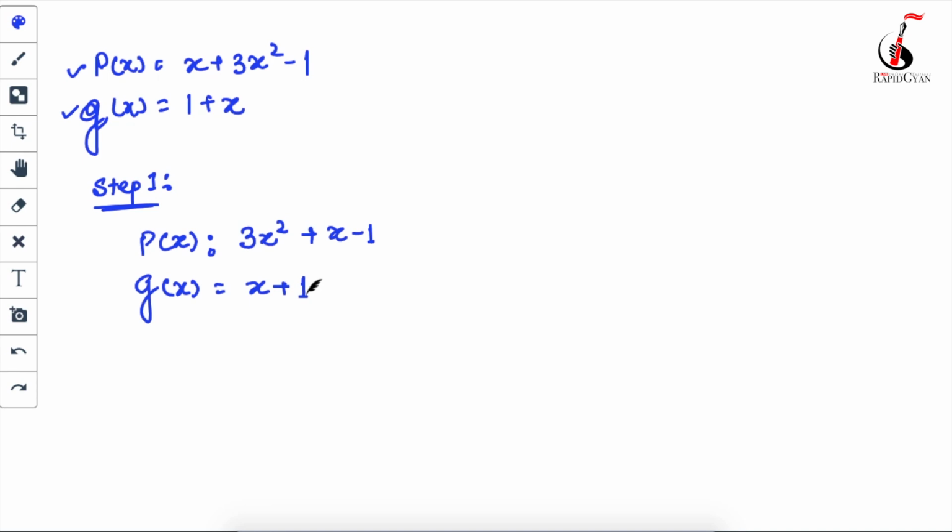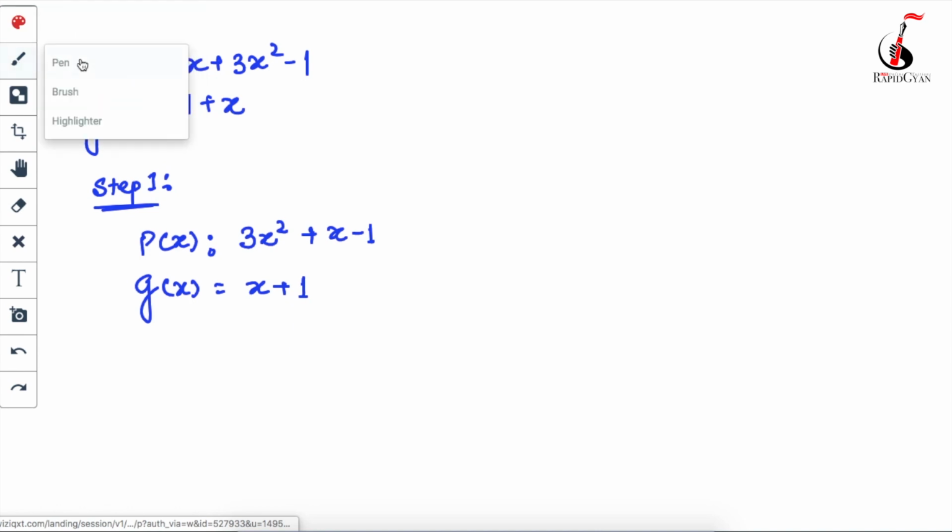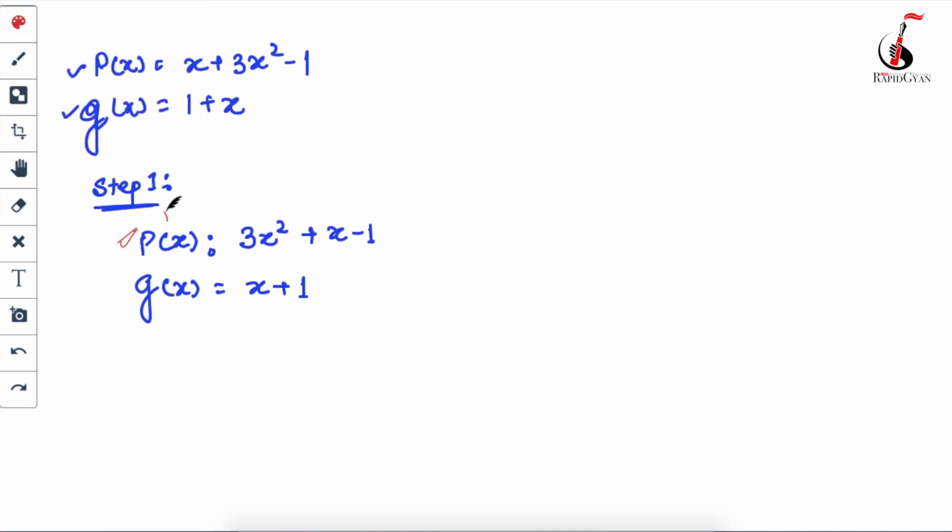Now you will have to do the division. Of course this p(x) is going to be your dividend, and this g(x) is your divisor.